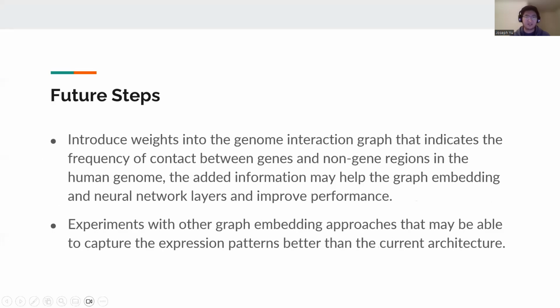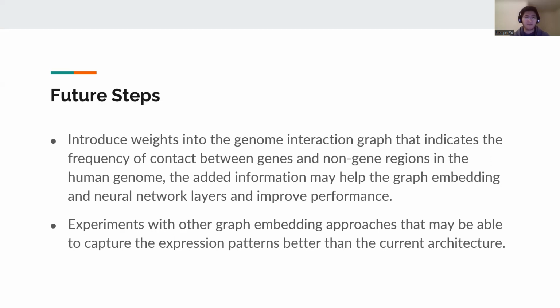So stemming from these discussions and results, experimenting with other graph embedding techniques may generate better model performance than we currently have using spectral embedding, which uses the Laplacian matrix of the original adjacency matrix. Another possible modification we may attempt is to introduce weights to our edges that provide information on the frequency of contact between the gene and non-gene region in the genome.